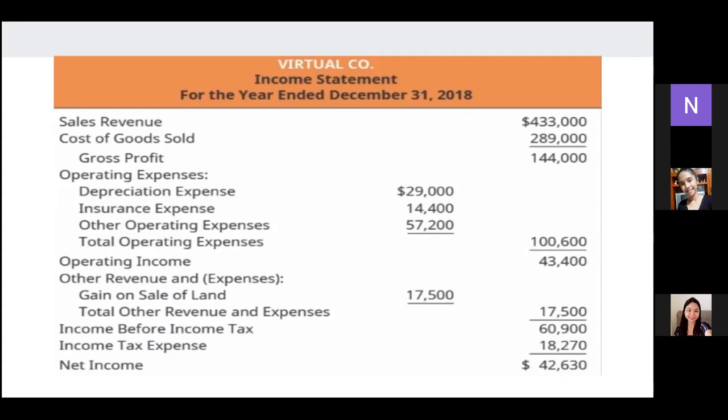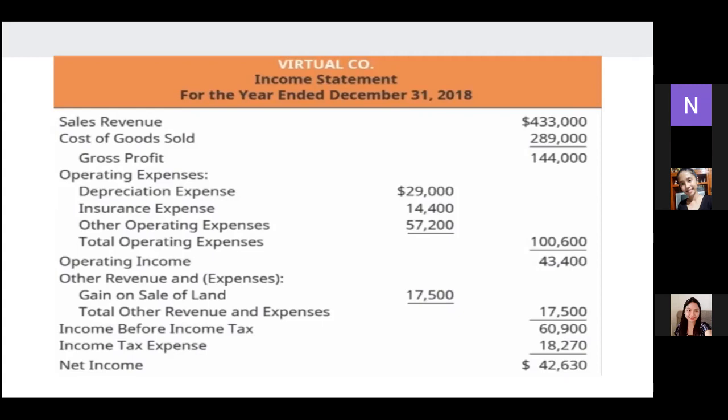Insurance expense amounted to 14,400. Other operating expense amounted to 57,000. So we have a total operating expense amounted to 100,600. Then we will now deduct it to the gross profit. And we got the operating income amounted to 43,400.